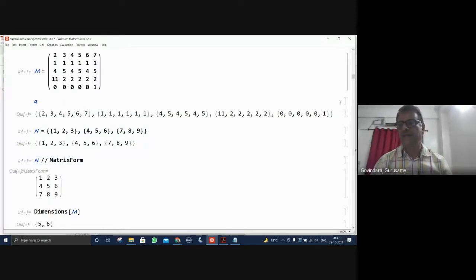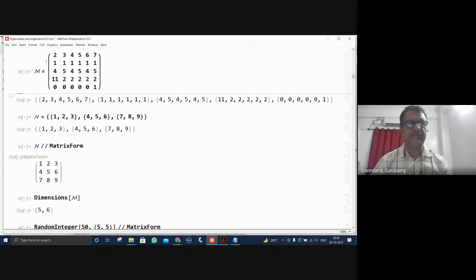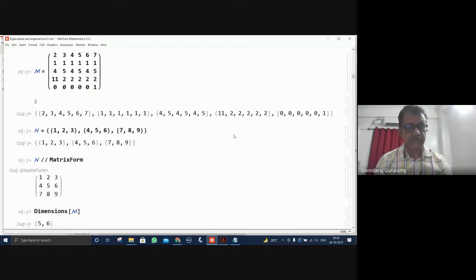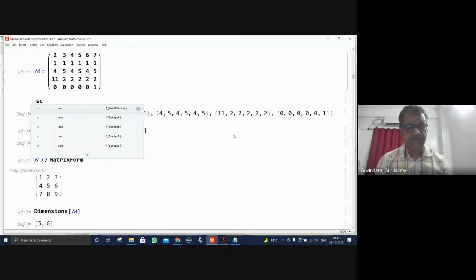So this is how we get the additional variables which can be defined in Mathematica. So M is entered like this. For making a matrix form, first you do the script form.